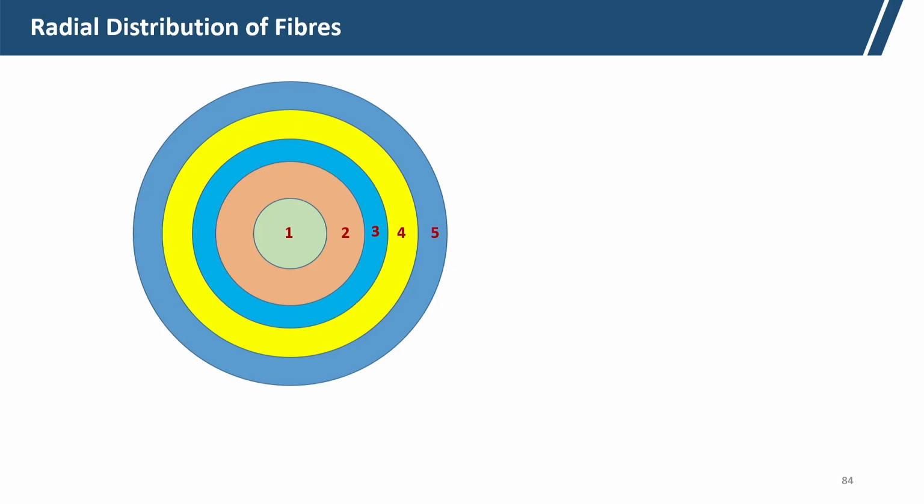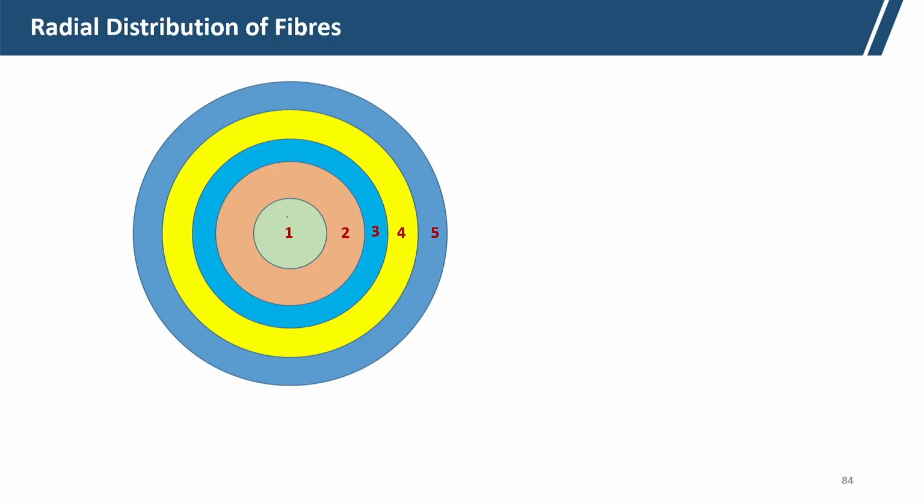So, this is radial distribution. In radial distribution, what happens? Fibers are actually distributed evenly, but what do we measure? We measure the blend proportion at different sections in the annular cross section. Along the diameter of the yarn, in this yarn cross section, at the core we will first measure the blend proportion, suppose polyester cotton is there.